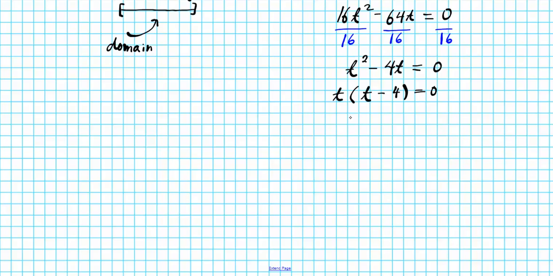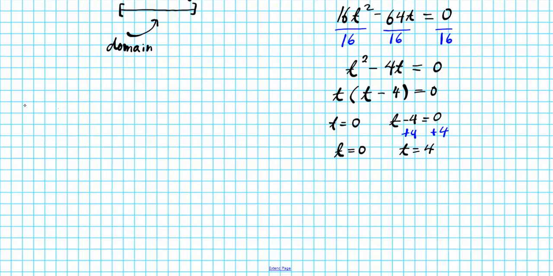So we have t equals 0 and t minus 4 equals 0. The first is already solved, and for the second one, you just add 4 to both sides, and you get t equals 4. Okay, so t equals 0 is the start, t equals 4 is when it hits the ground.